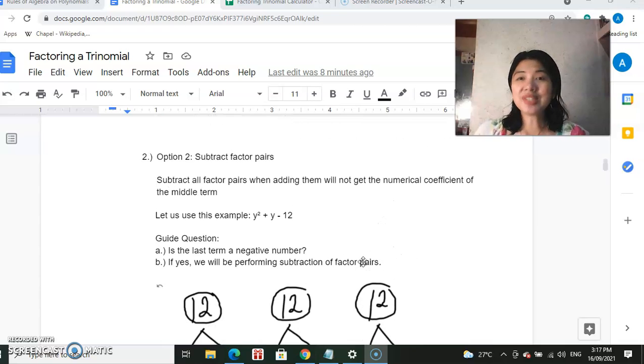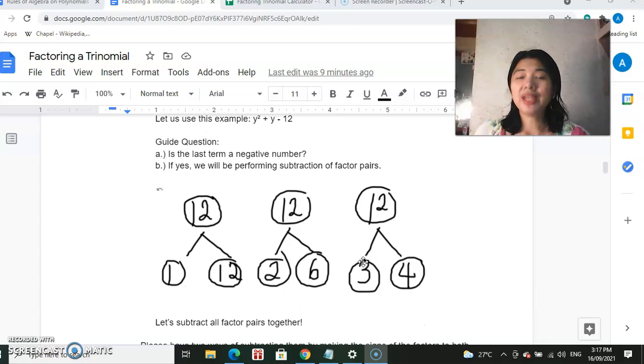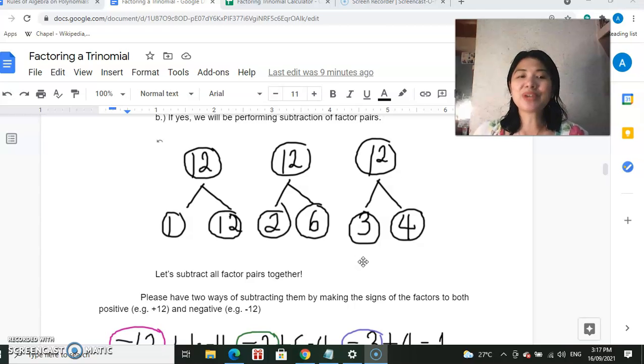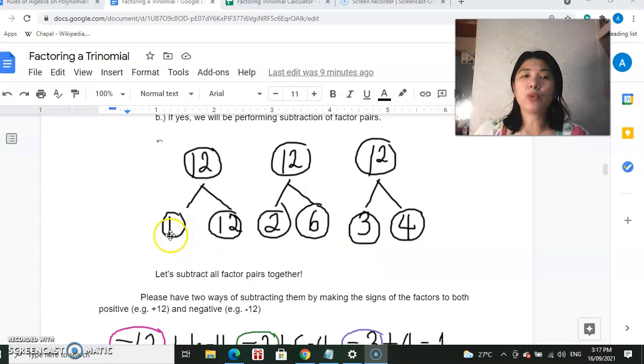So let's consider the factor pairs of 12. What are the factor pairs of 12? So we have 1, 12, 2, 6, and 3, 4. So let's subtract all factor pairs together. Please note there are two ways of subtracting them, by making the signs of the factors positive and negative. So for example, we have 1 and 12.